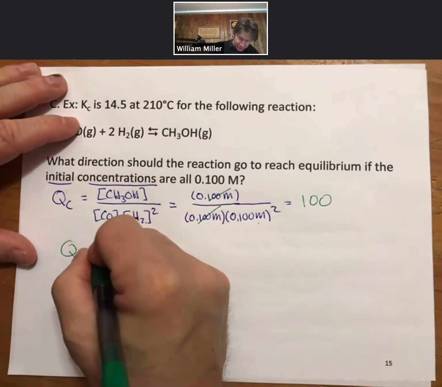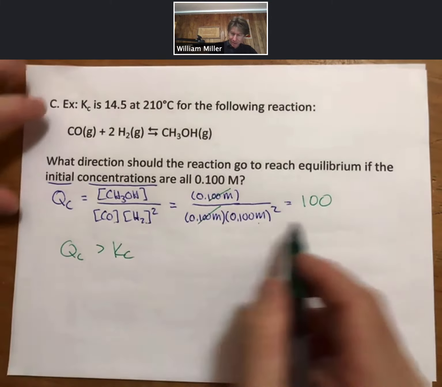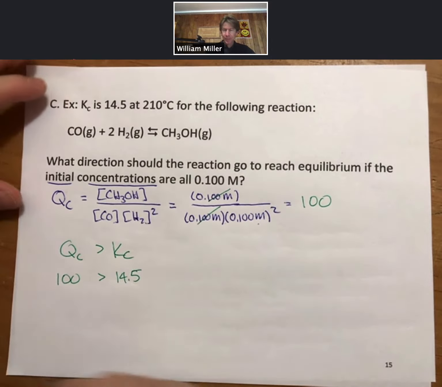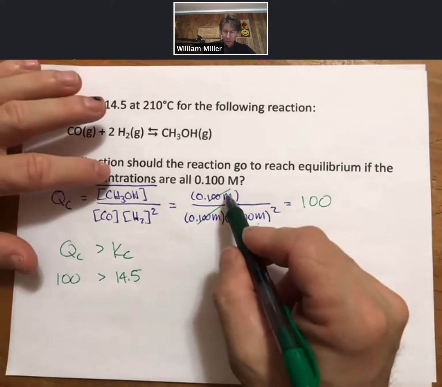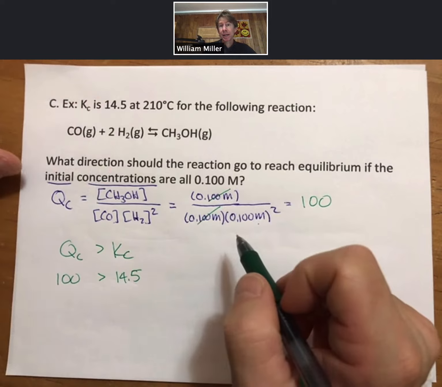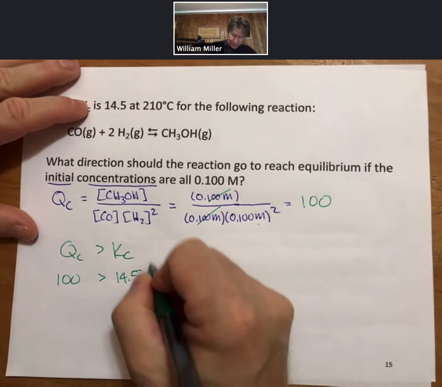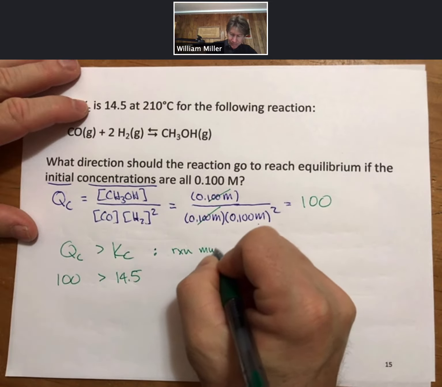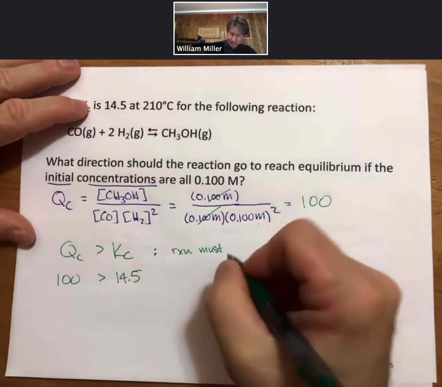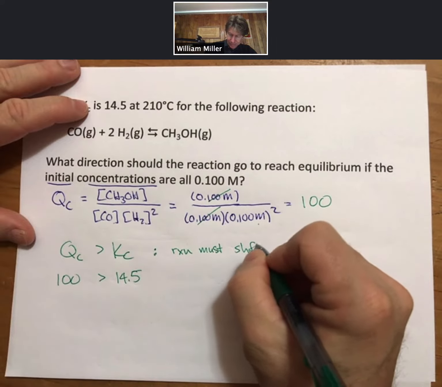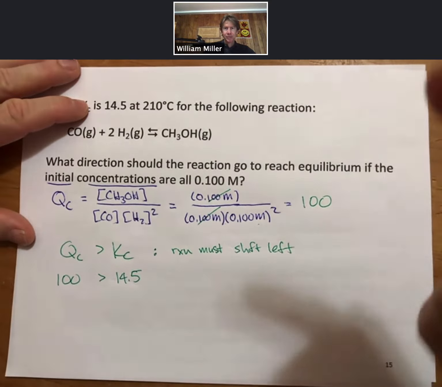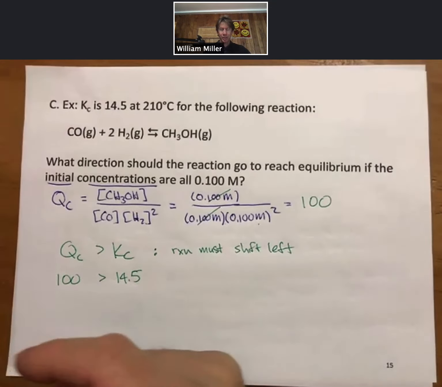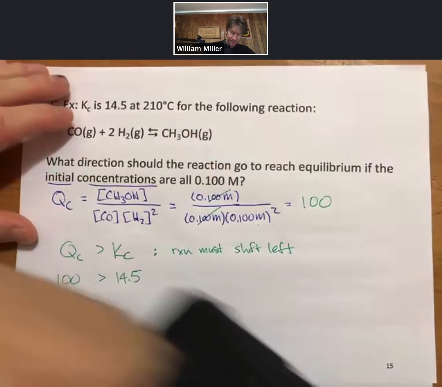QC is greater than KC because QC is 100, KC is 14.5. What that means is that we have too many products, or too high a concentration of products to be at equilibrium. So therefore, the reaction must shift left, even though on camera up here it's pointing to the right, but here it's left.